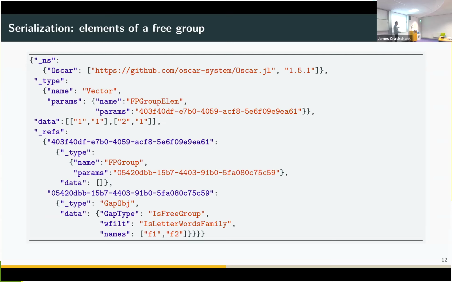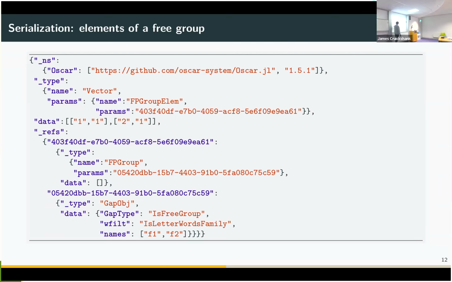And then the reference, here we have our key, which tells us this is a finitely presented group. This finitely presented group needs another auxiliary object which it relies on, and this is the underlying object. So we have here another group which has the type get obj, and what we get is a free group with some more information. Again, these are the names which are used there, and this is a description of how they look internally.